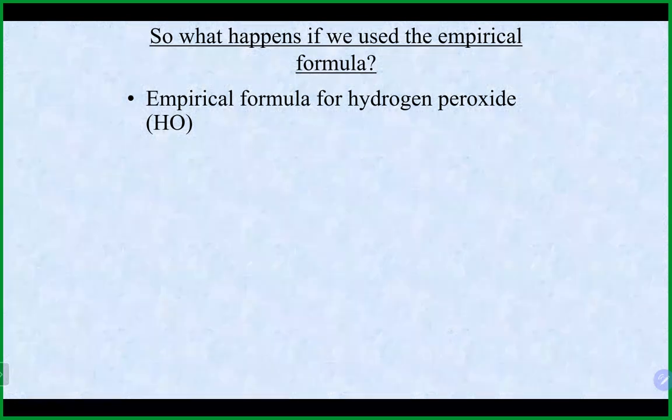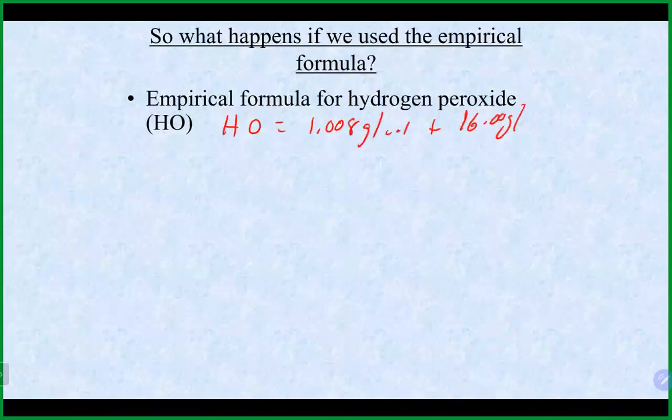All right, so we approach this the same way. We're going to get the molar mass. In this case, it's just HO, so that's 1.008 grams per mole for the hydrogen and 16 grams per mole for the oxygen, which gets us 17.01 grams per mole.